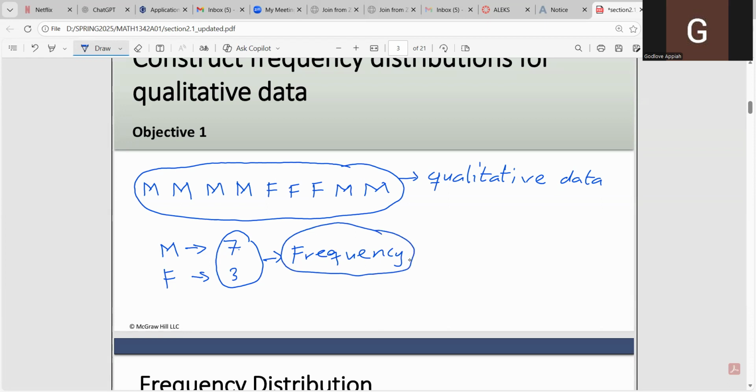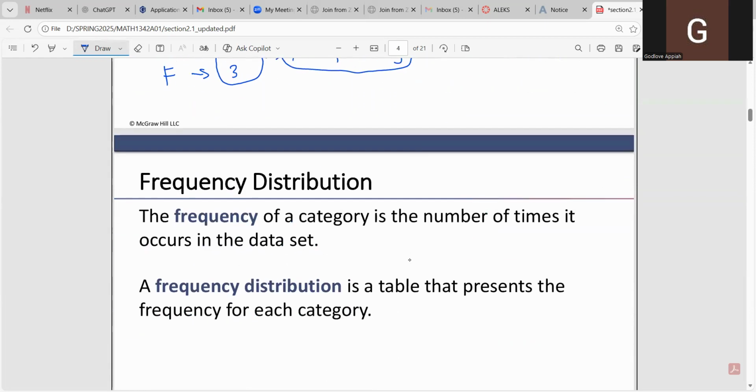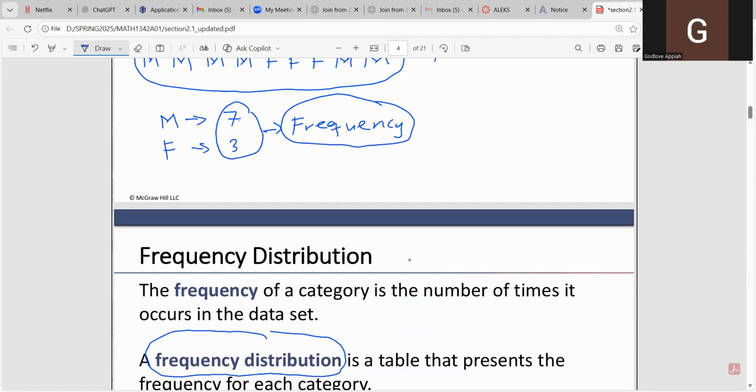All right. Now with that, we can expand this to what we refer to as a frequency distribution. A frequency distribution is just a table that presents the frequency for each category. What do we mean by this?